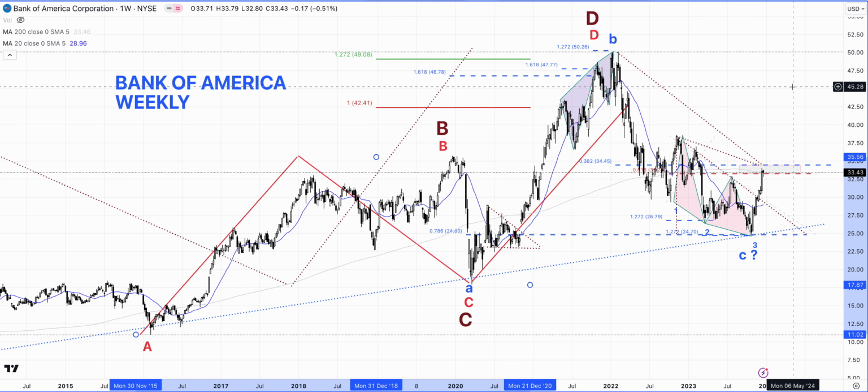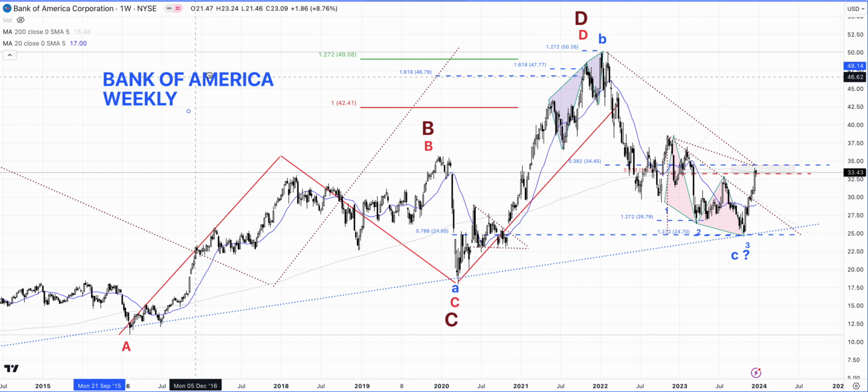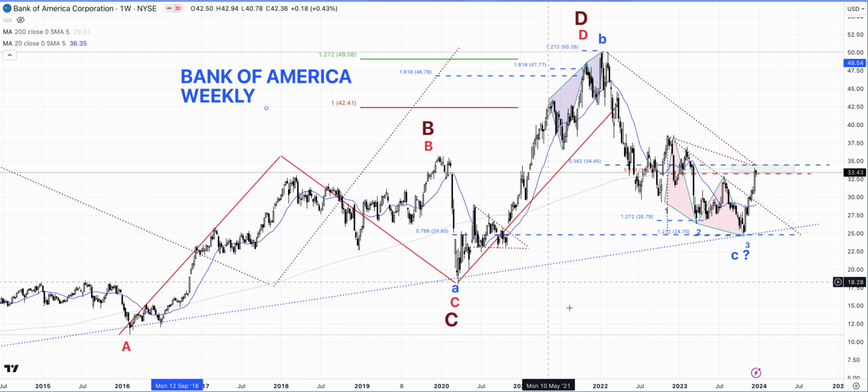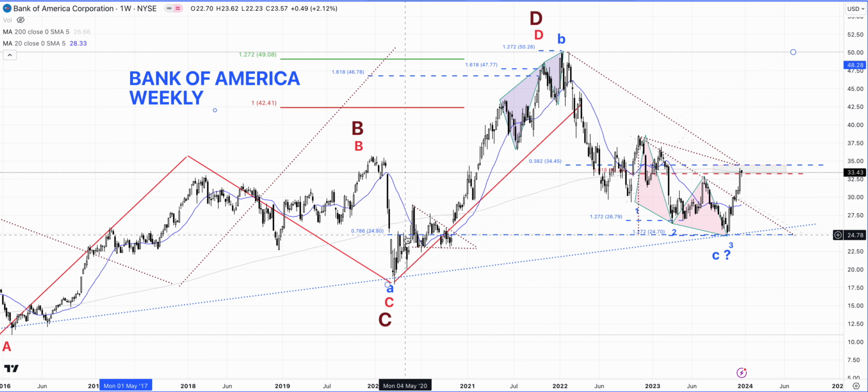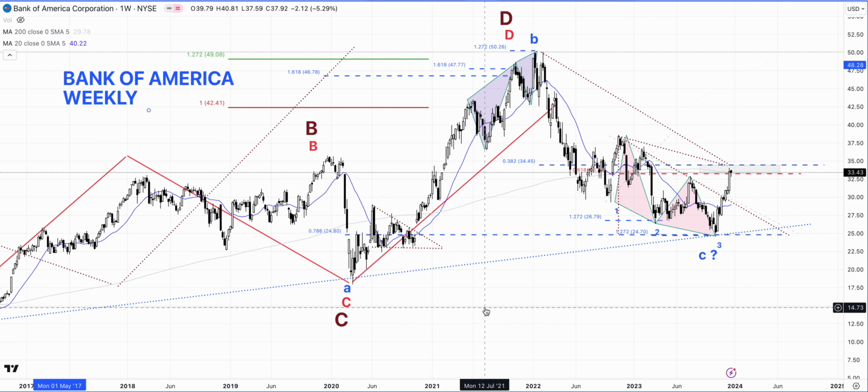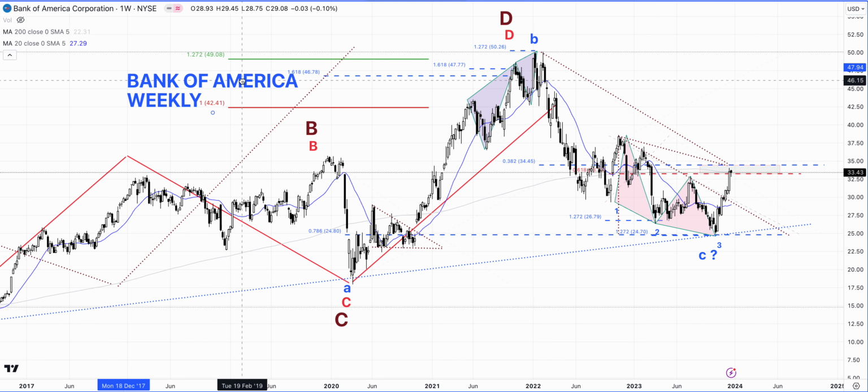And then we begin to look closer on daily charts, for example, to get more clues, find more patterns, and of course pay attention to the price action, whether it's going to make some sort of a double top, etc. And if it moves to the downside, whether it's likely to take out key swing points.